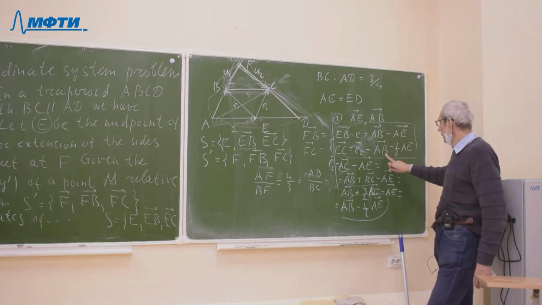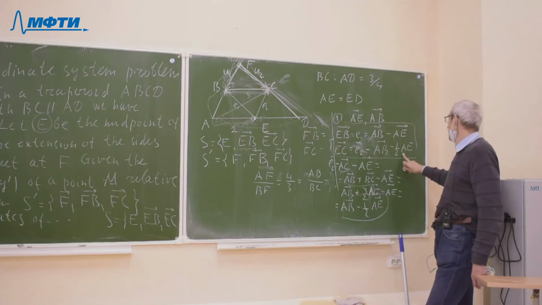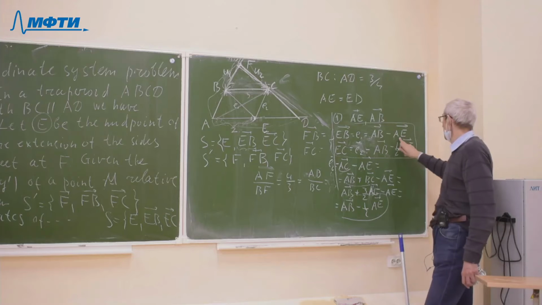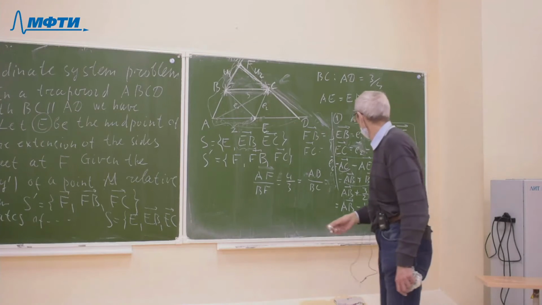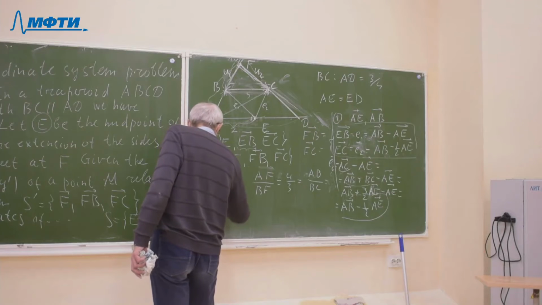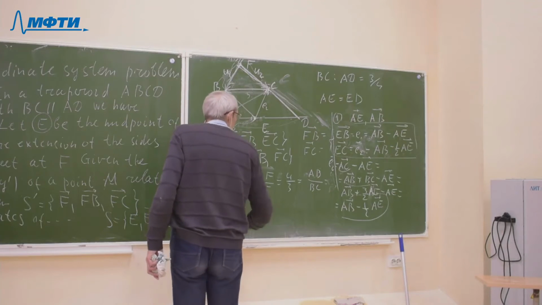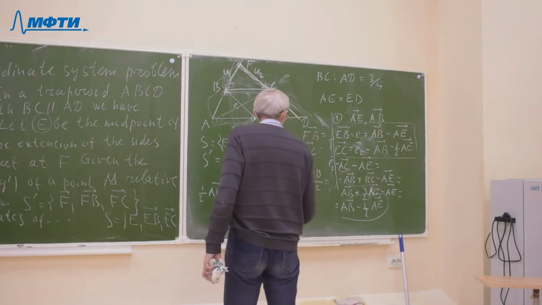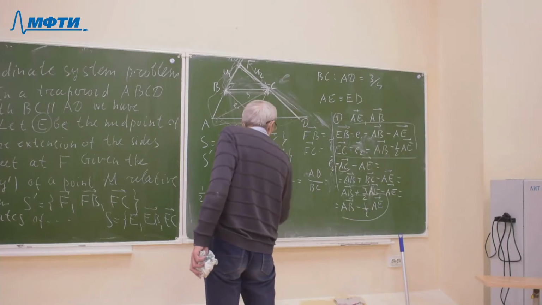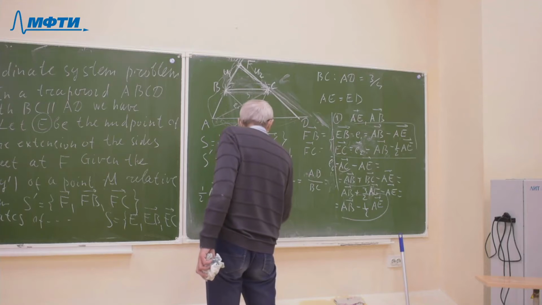AB and AB cancel one another, and minus half AE minus AE is equal to half AE is equal to the difference minus E1 plus E2.